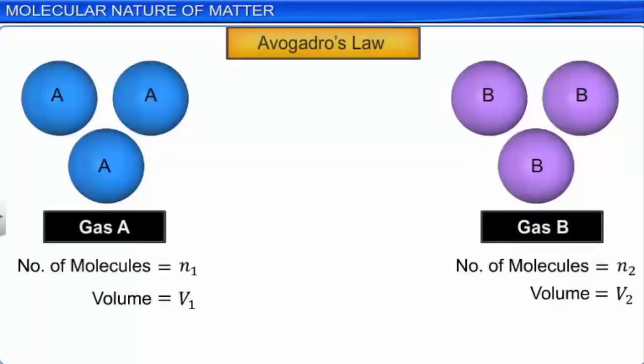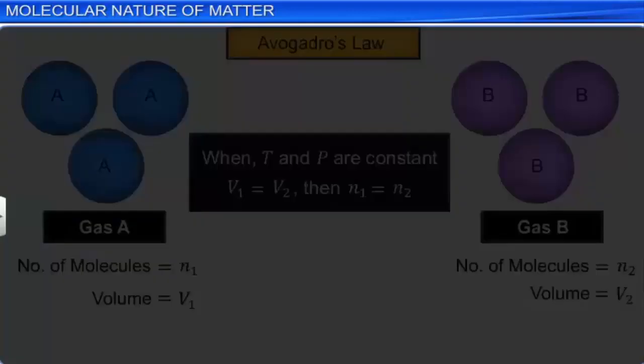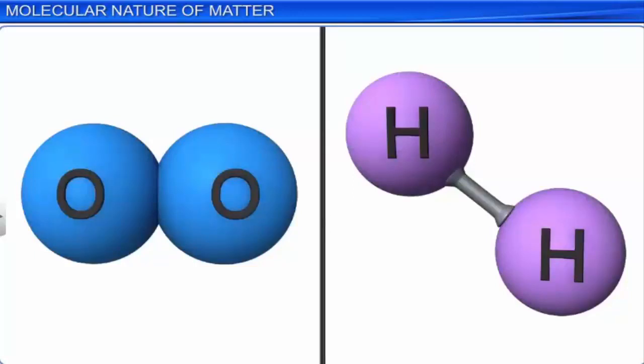And Avogadro's law states that at constant temperature and pressure, equal volumes of all gases contain the same number of molecules. An interesting thing to note here is that Dalton's atomic theory is also known as the molecular theory of matter, as the elements are often found in the form of molecules.